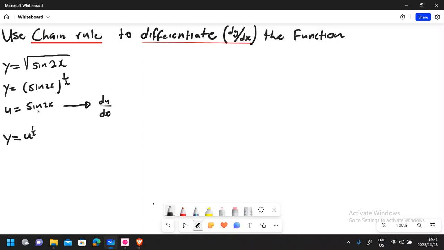Now do not forget, this is a trigonometric function. If you go back and check our trigonometric functions, we know that if we have y equals sine nx, when we find the dy over dx of this, it's going to be n cos nx.